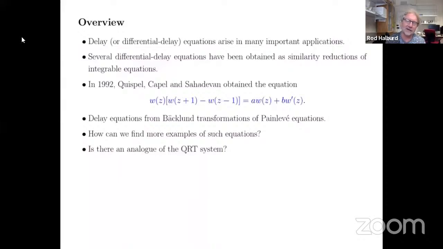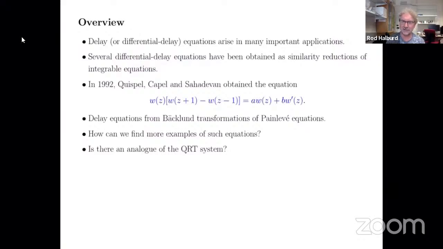But as I say, the equations that we're looking at, some of them are known to come from integrable systems, and the basic idea is that we're hunting for others as well, and they may or may not be related to applications. We don't know at this point in time. A number have been found as reductions of integrable equations, so we presume that they're integrable.